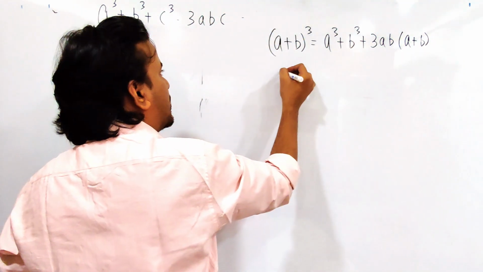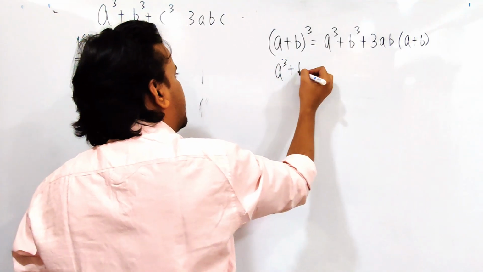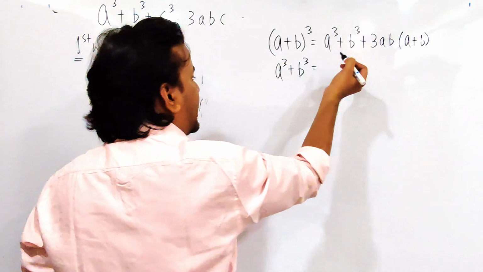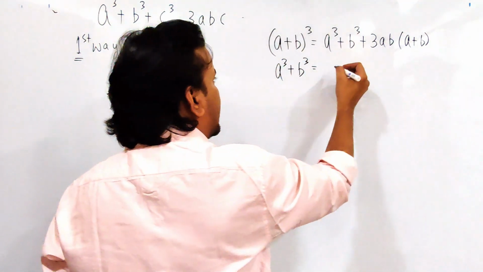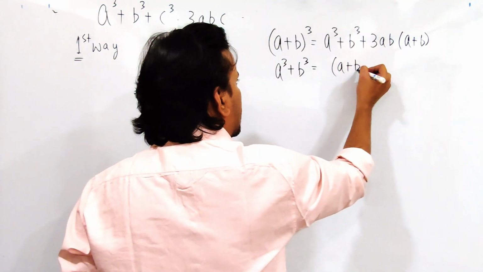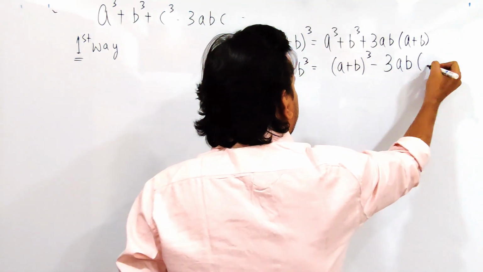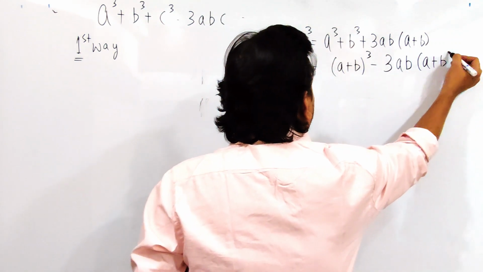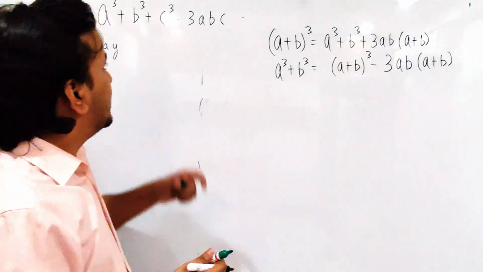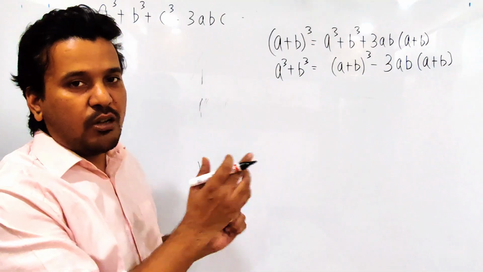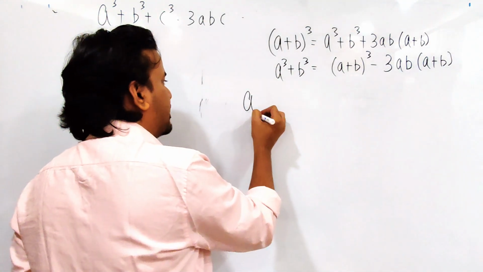So a cube plus b cube is going to be (a plus b) whole cube minus 3 times ab multiplied by (a plus b). Now we are adding c cube minus 3abc on both sides and let's see what happens.